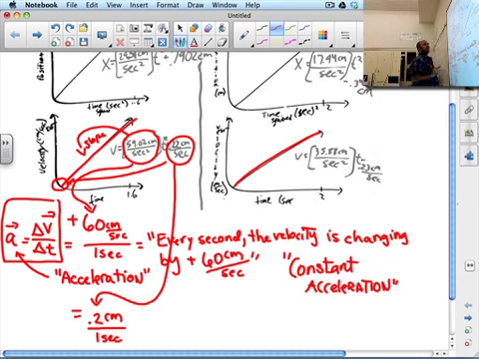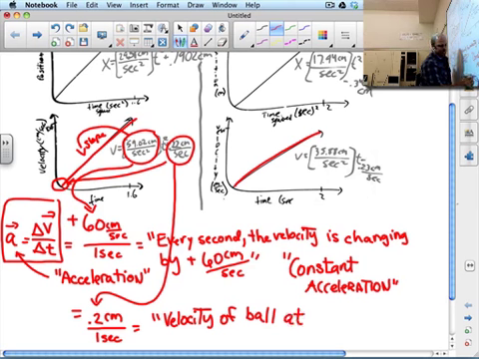The last number, the vertical intercept, measured in centimeters per second, must be a velocity, right? And since the velocity of our object is changing each second, this is the velocity of this lab group's ball, according to their data, at 0 seconds.